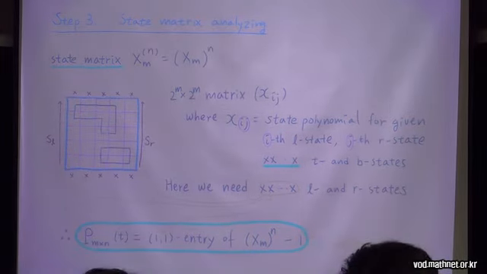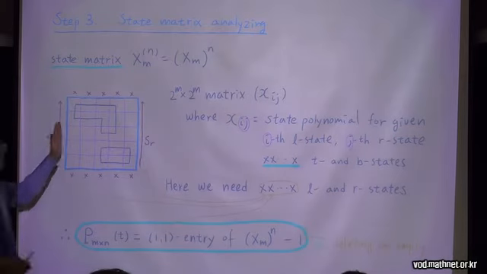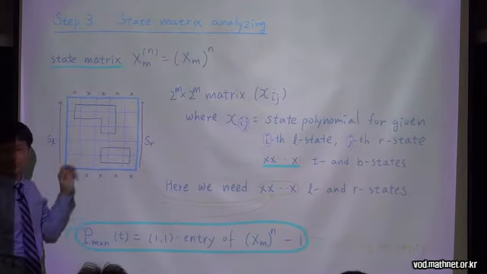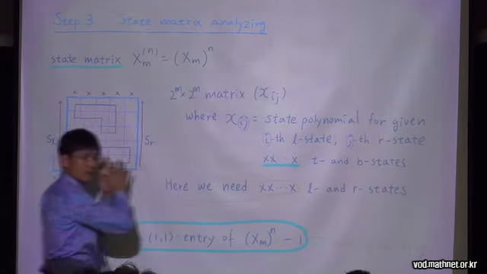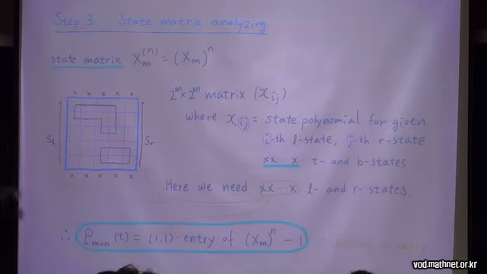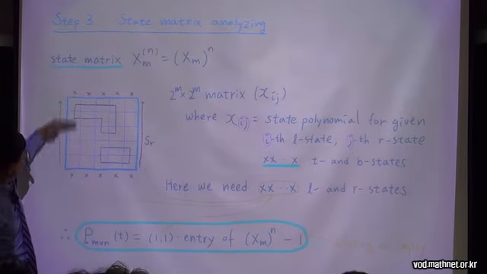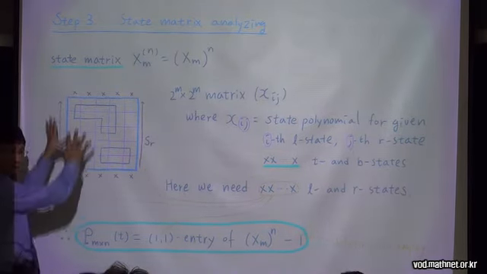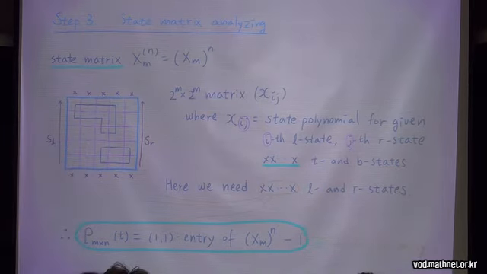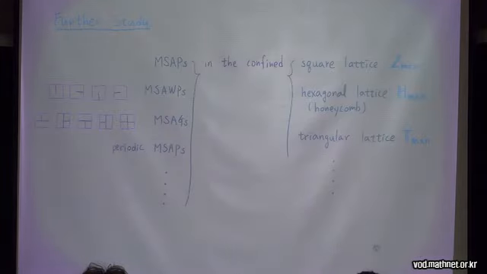So we need only one condition: the left state and the right state are equal. Then we can move horizontally, right? And also if we make the top and bottom sides equal, then we can move up and down. So we can change the boundary condition, then we can apply that.